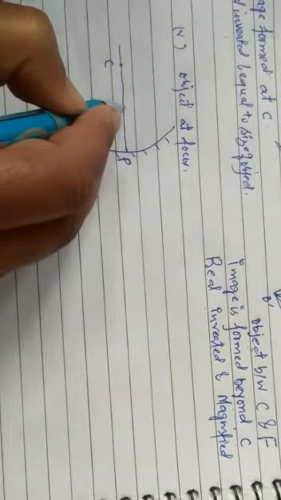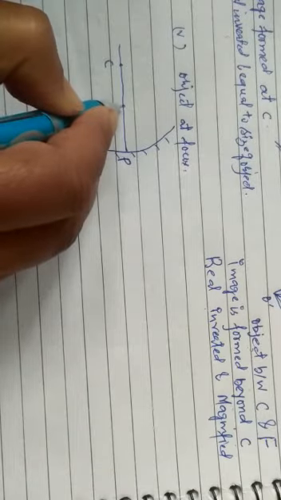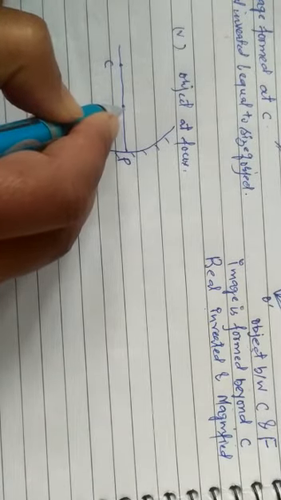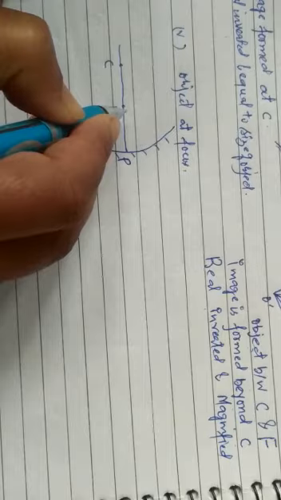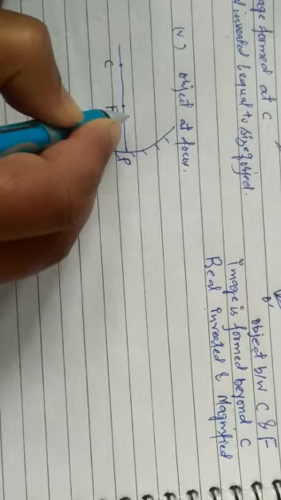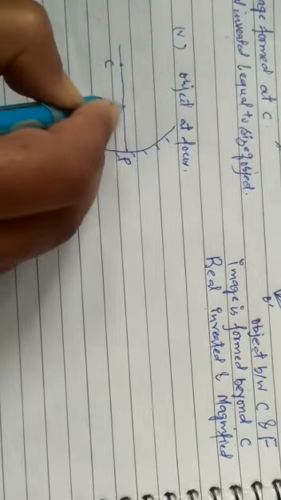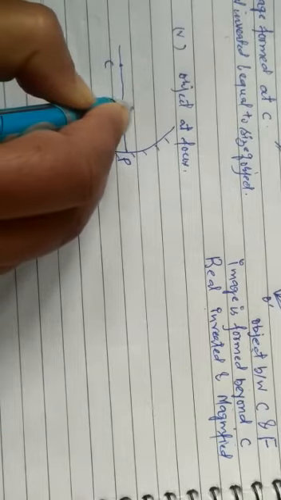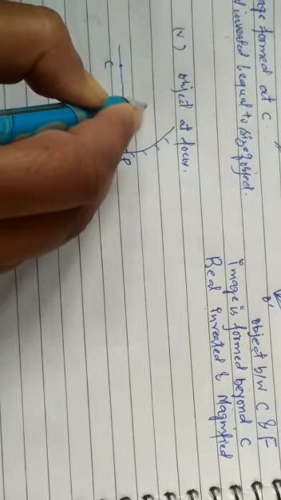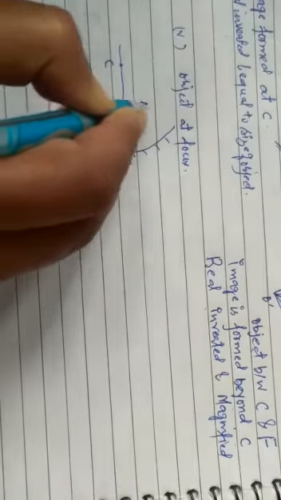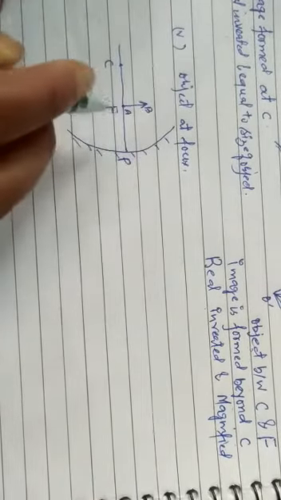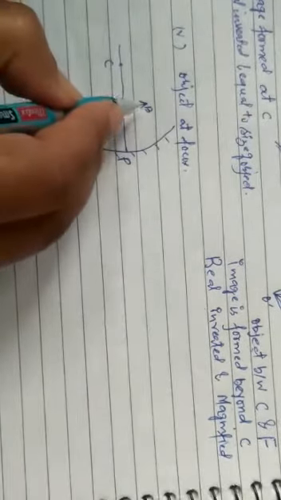If we have the object here, the object is at the focus. Once we have the object at focus, where is the image? So we will make this an object, A and B. What will happen? Let's take two rays.